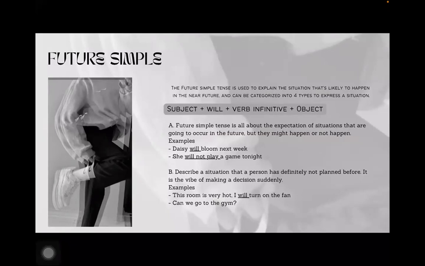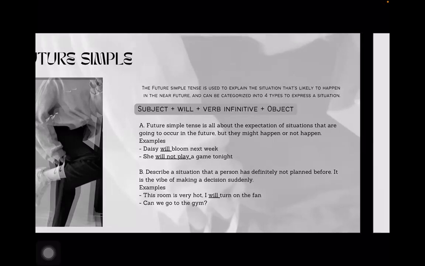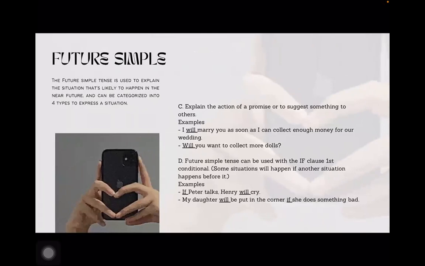Second, the future simple tense can be used to describe a situation that a person has definitely not planned before. Example, can we go to the gym? Third, the future simple tense can be used to express a promise or to suggest something to others. For example, will you want to buy more dolls?